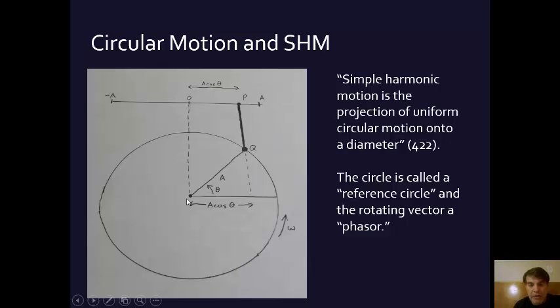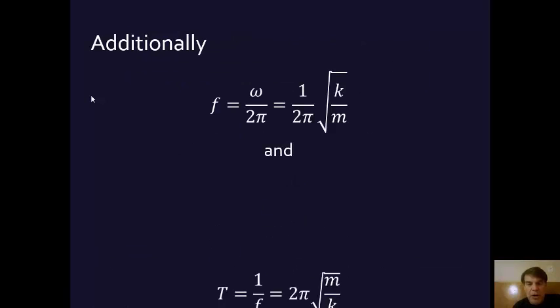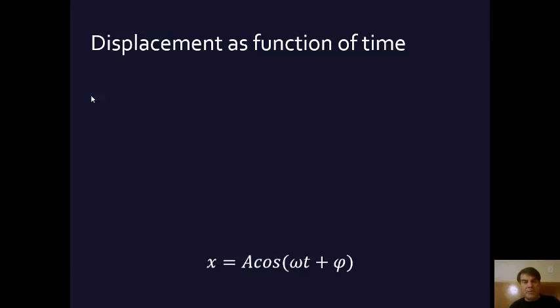So A cosine theta, where theta is the phasor rotating, is going to give us the x along this diameter at any point. That's in the previous video if you want to go back and see it. But basically that's where this formula comes from.